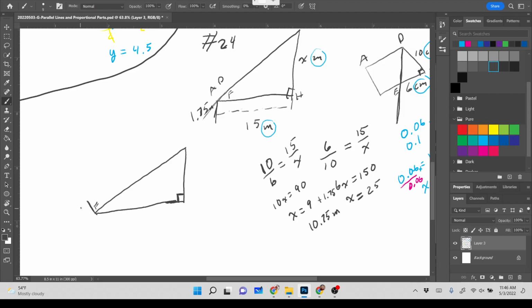Because this is F. AD is up here. So it's actually this shape. Is that right? Does that look right? Is that where the 90 degrees is on there?